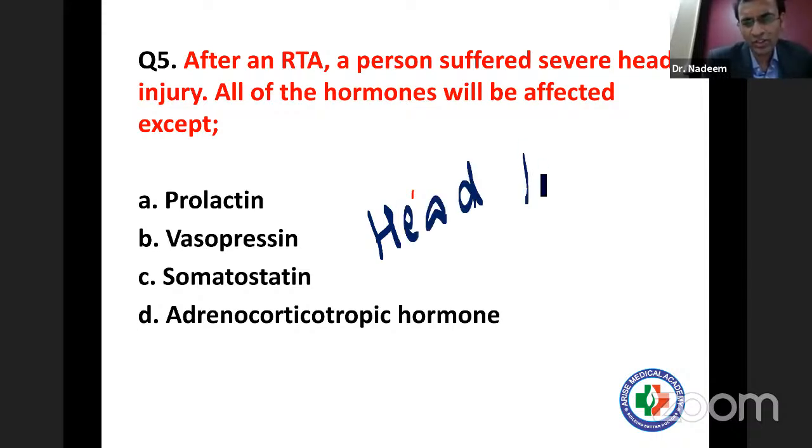Actually, I would say this is the easiest clinical question which you will get, I'm telling you. Head injury, so all hormones related to all the glands which are present in the head. So now you can understand this question. This is a very easy question, I'm telling you.